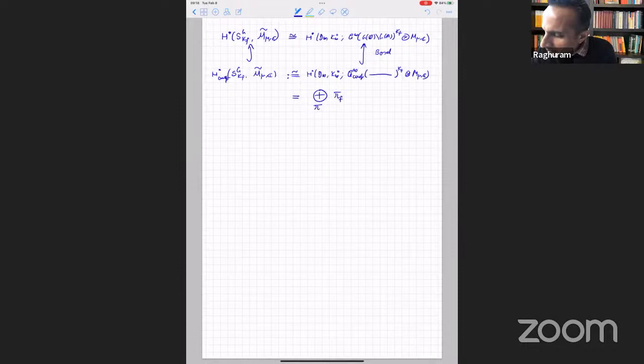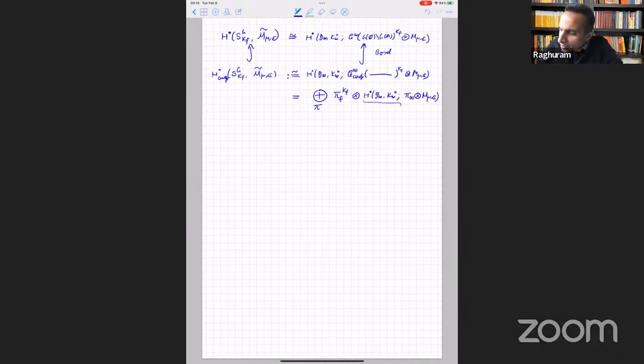And for the finite part of the representation, there's some level structure to keep track of. This tensor the (g, K) cohomology of the representation at infinity, and then you have the finite dimensional coefficient system baggage to carry through. You get a decomposition of this kind.